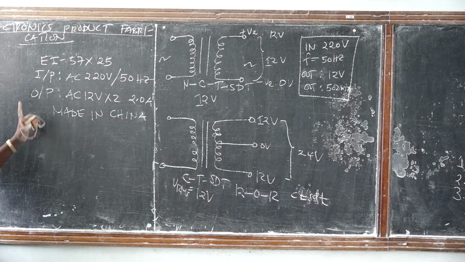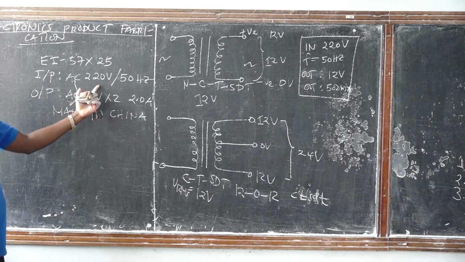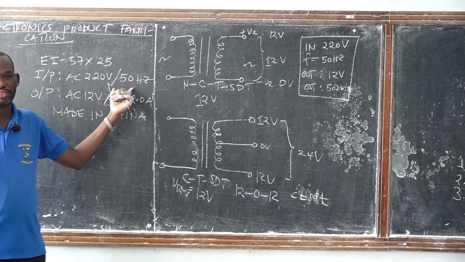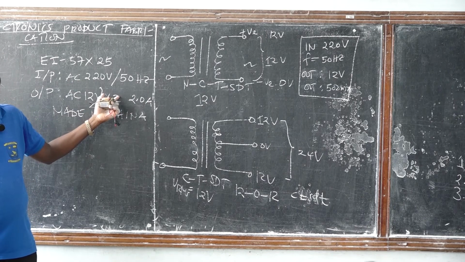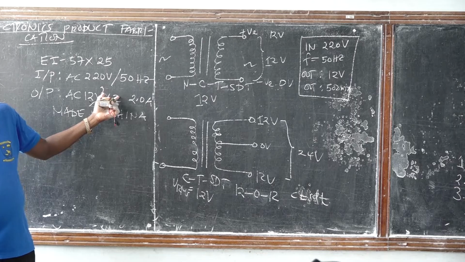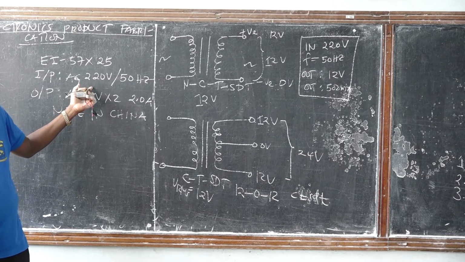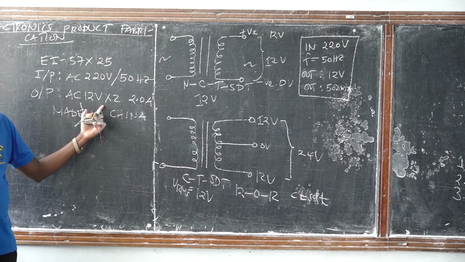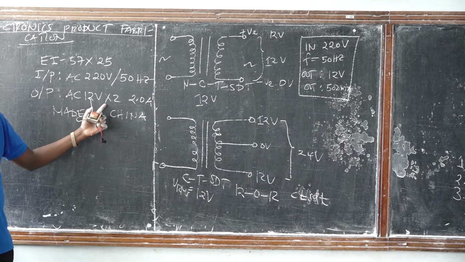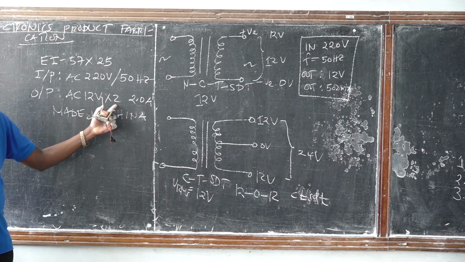So in this information, this is the input root mean square voltage, this is frequency. Maximum input voltage is not given, you have to calculate, you know the formula. Peak to peak is not given, you have to calculate. Simple like that. For the output, this is AC, 12 volt, times 2.